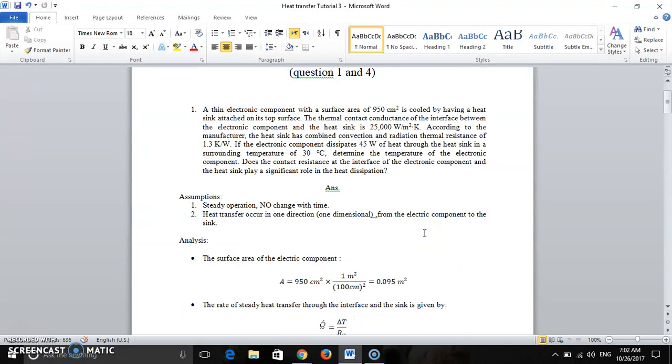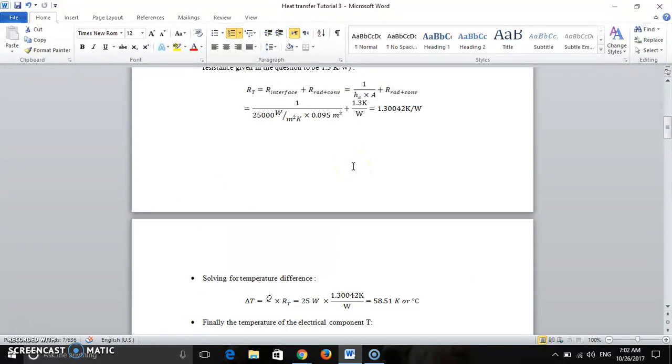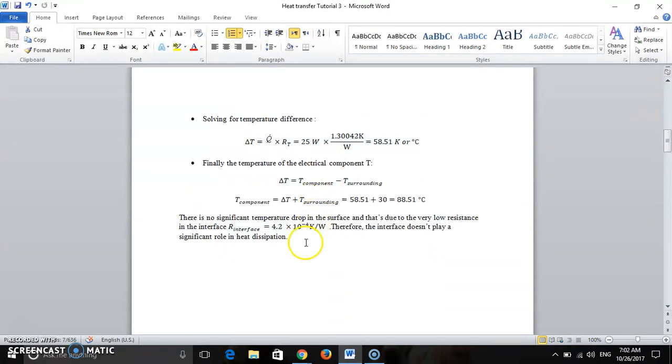The second part of the question asks for an explanation of whether the contact resistance at the interface of the electronic component plays a significant role in the heat removal or not. To answer this, we need to refer to the total resistance. We will find that the resistance of the interface is only about 4.2 multiplied by 10 to the power of minus 5.